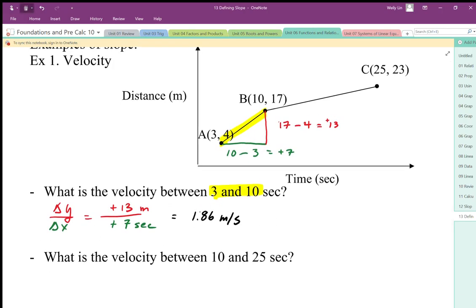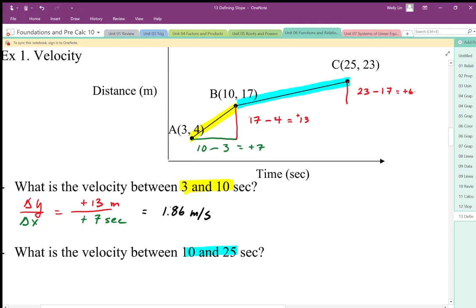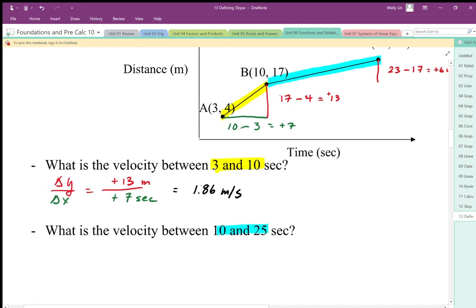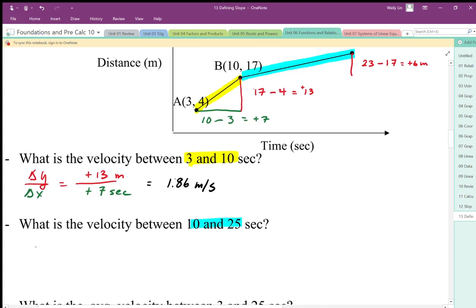And we can do the same thing for this next time interval between 10 and 25 seconds. Okay, so we want to measure our change in the y values. Okay, so this is going to be, we ended at 23 meters and we started at 17 meters. So we increased positive 6 meters. So our ratio of change then, we need to compare the change in y.